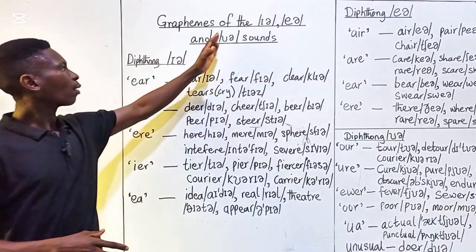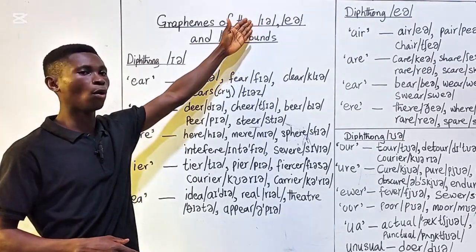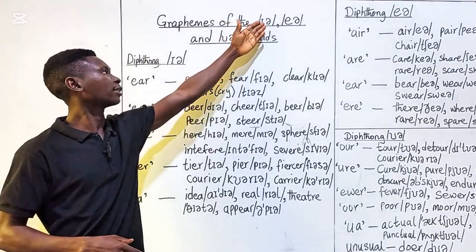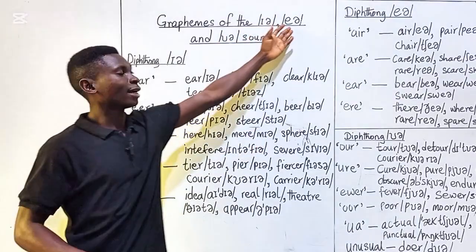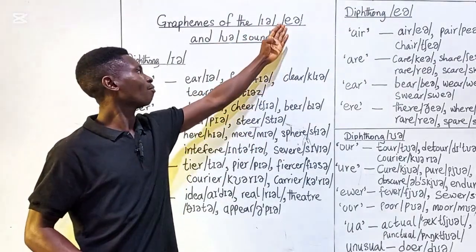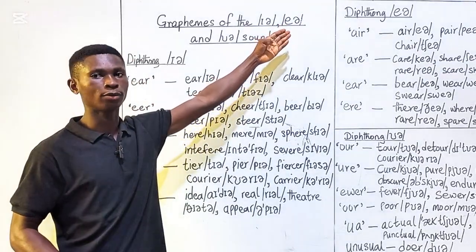So the ear sound makes movement from the front of the tongue to the central part of the tongue. The air sound makes movement from the mid-high front to the central part of the tongue.